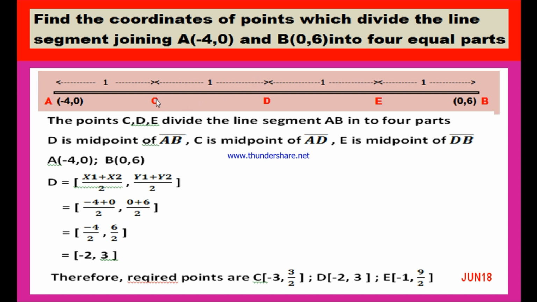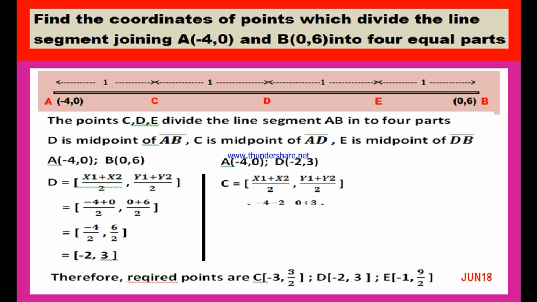Now let us find the coordinates of C. How can we get the coordinates of C? Look at the diagram. C is the midpoint of AD. Now we have the coordinates of A (-4, 0) and the coordinates of D (-2, 3).